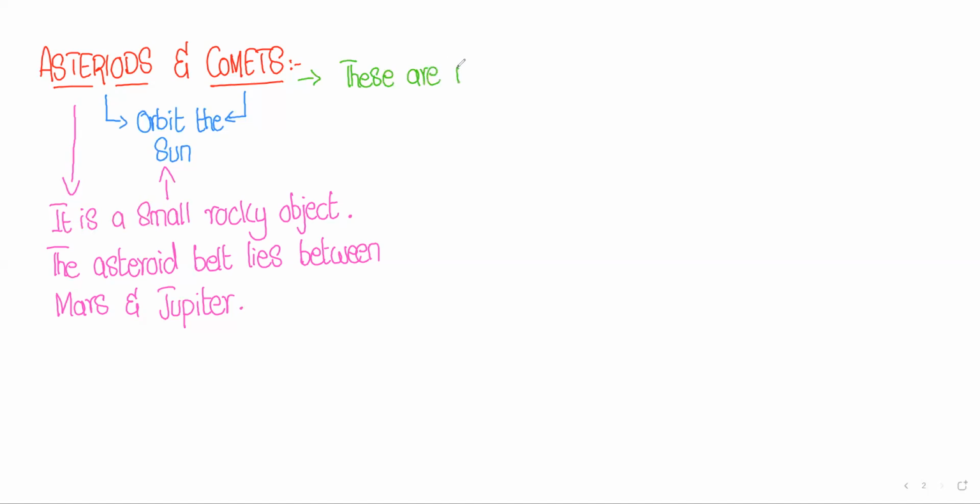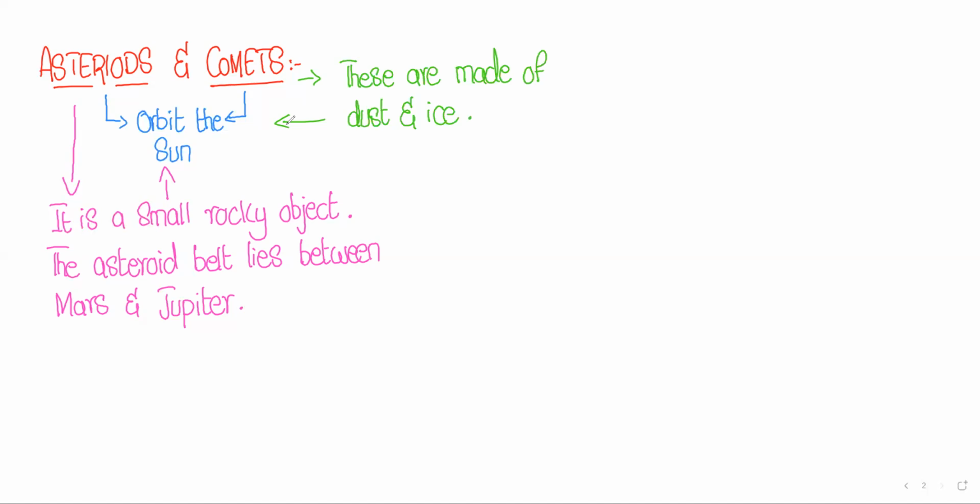Basically, comets are made of dust and ice, and they also orbit around the sun and between different planets. They also exist like the asteroids, but they are made up of dust and ice, like a gaseous state. Asteroids are solid rocky objects, small rocky objects which orbit around the sun.